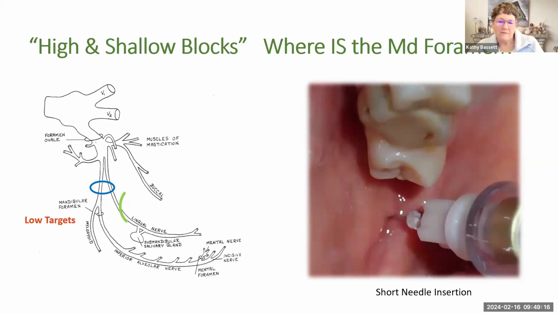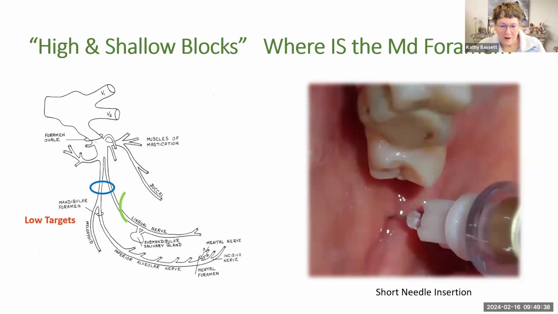This is out of the article again from Minsky and Gow-Gill, and they proposed that short needle insertions will more accurately put anesthesia close to the inferior alveolar nerve above the foramen. Again, the more volume we have at our target nerves, the better anesthesia outcome we're going to have.